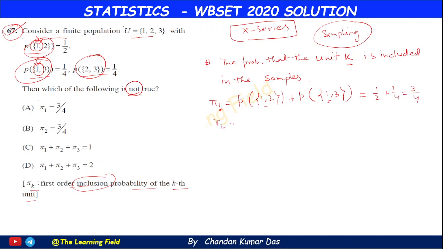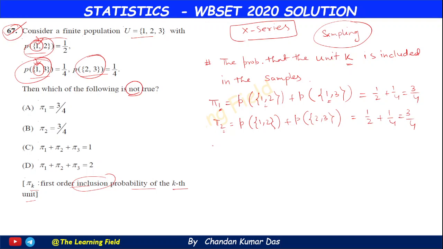Similarly pi 2 equals, we take the samples in which unit 2 is included. So this is equal to probability of (1,2) plus probability of the third sample (2,3). This is equal to 1 by 2 plus 1 by 4 again, so this is equal to 3 by 4.